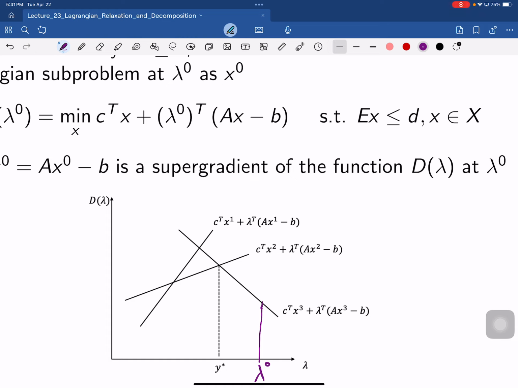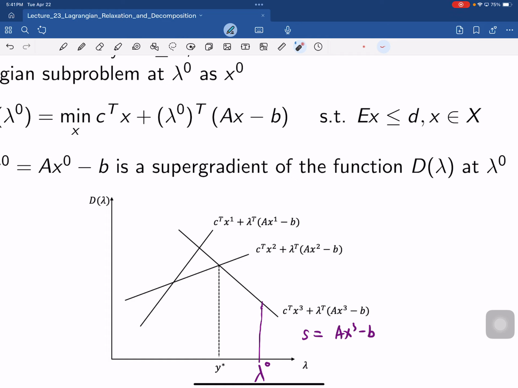The subgradient at this particular point is nothing but, let's say, s equals ax3 minus b, because ax3 minus b is essentially the gradient of d lambda at this particular line.